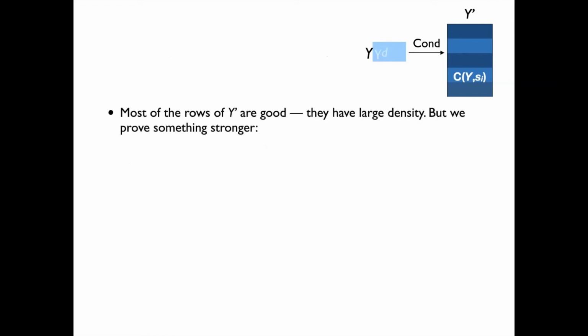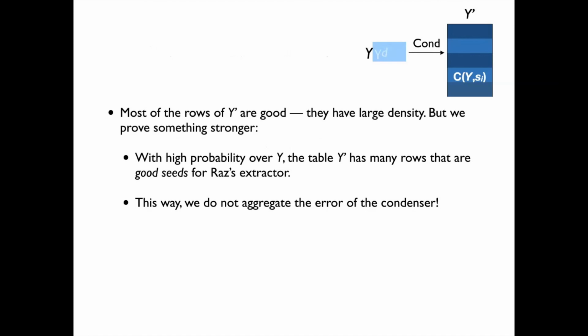Now, most of the rows of Y prime are good. They have large density, but we prove something stronger. With high probability over Y, the table Y prime has many rows that are good seeds for Erasure Extractor. Recall that Erasure Extractor works for dense seeds. This way, we do not aggregate the error of the condenser.